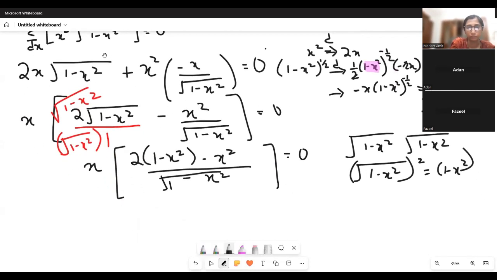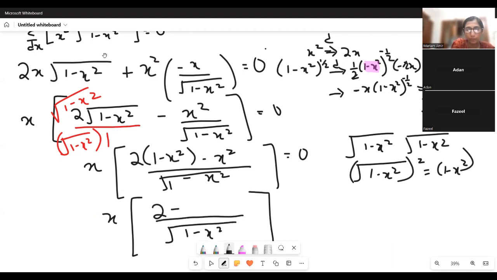So we get x डिनोमिनेटर में 1 minus x square, numerator is 2 minus 2x square minus x square. So that's 2 minus 3x square.